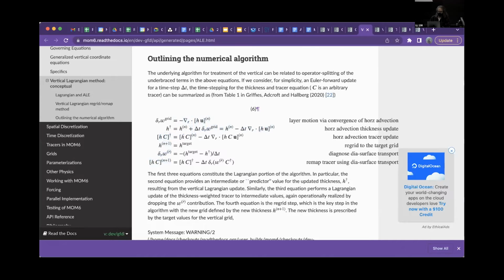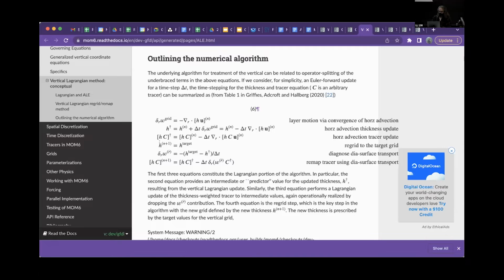That's the third step. I'm sorry, my highlighter is not working easily. So those steps are the Lagrangian part of the model algorithm. Okay, nothing in there about mapping across surfaces. It's just horizontal convergences and layers moving upward and downward depending on convergence or divergence.